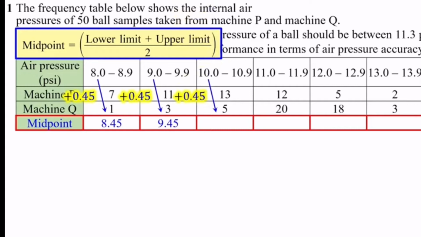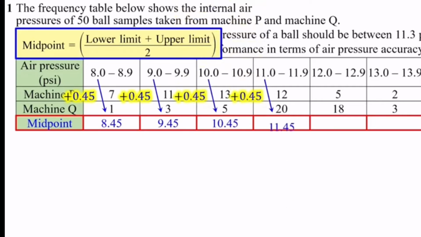So we will plus 0.45 for every lower limit. And then the next one is 11.0 plus 0.45. And then 12.0 plus 0.45, right?